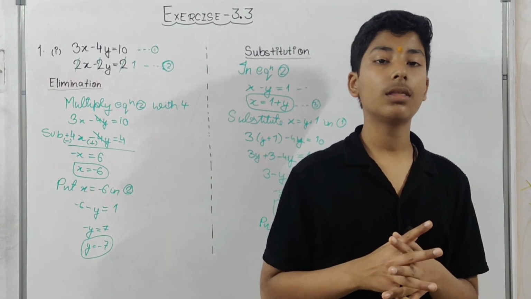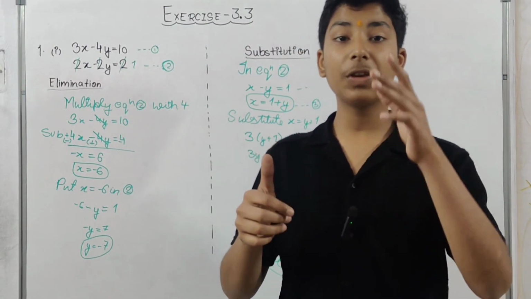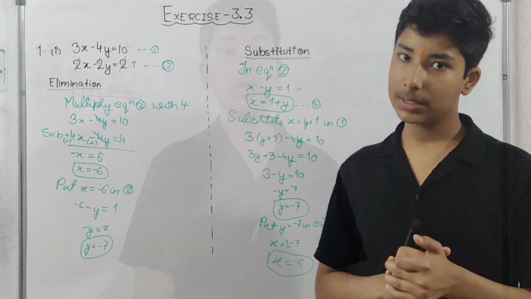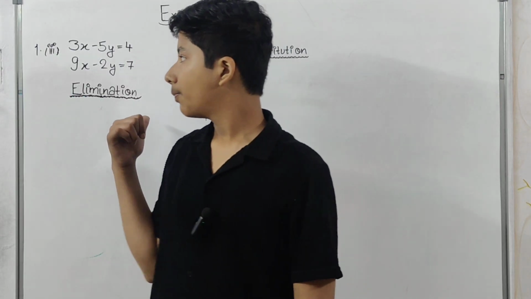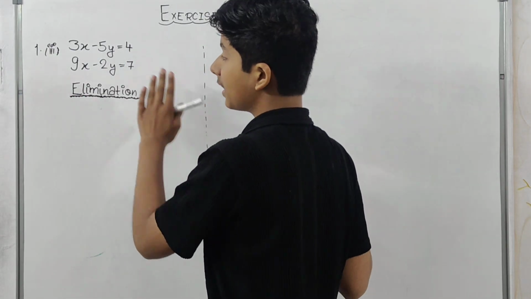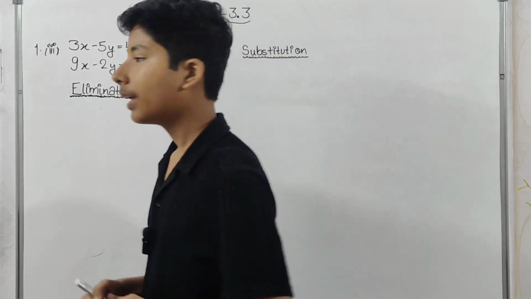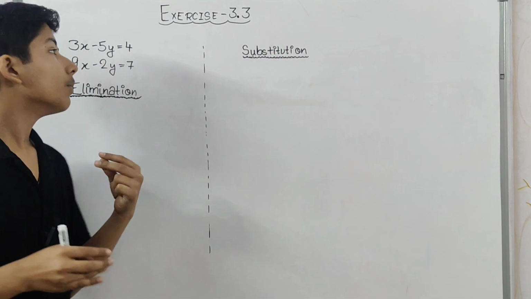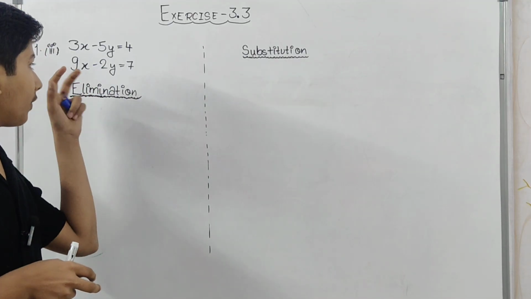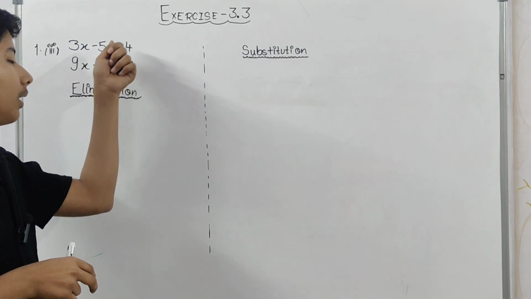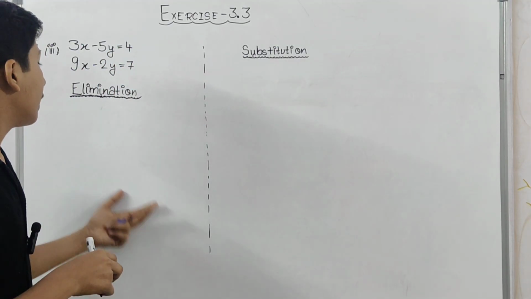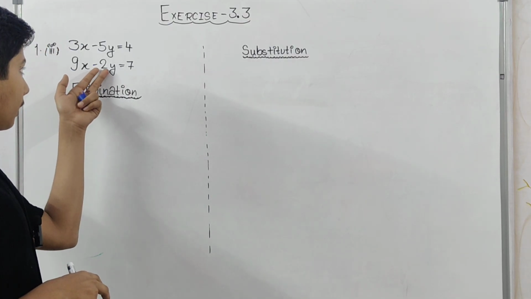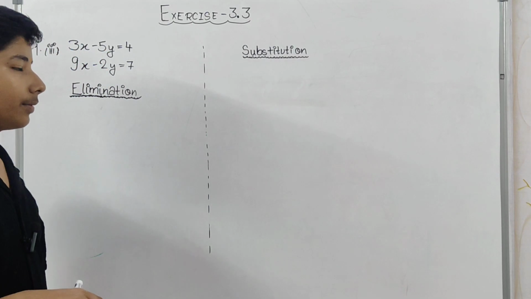Using both the methods we get the same answers if we have solved the question correctly. Now we will approach our third part. Now in this part the equations are something different. There is no coefficient 1, means every single one of these variables' coefficients is not 1, means something is 2, 3, 5 and 9.